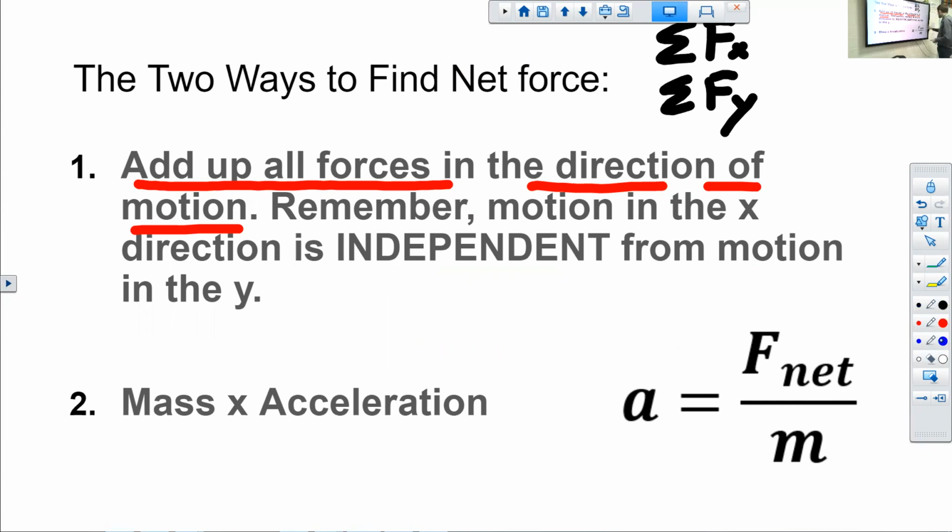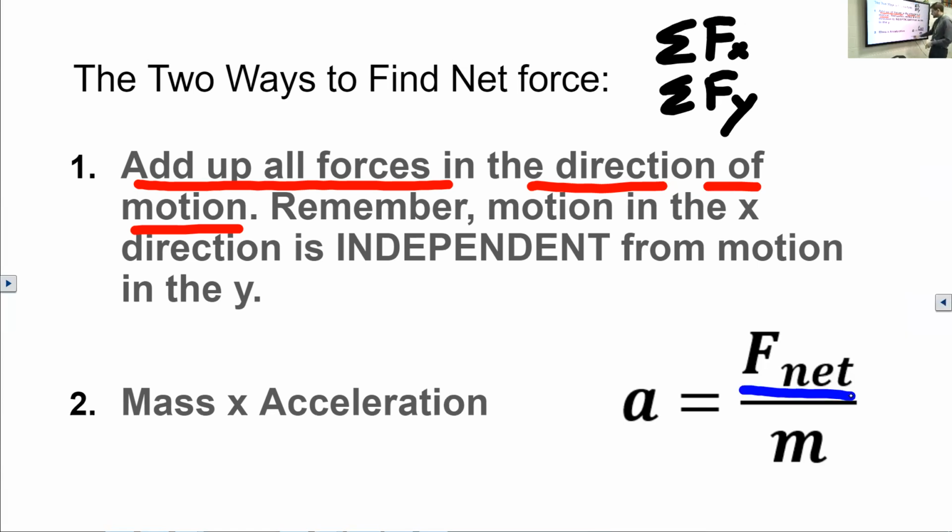Now, if they do not give you enough information to either calculate the forces or to algebraically solve for the forces, then the only other way to get net force is to have the total mass of the system and multiply it by the acceleration of the system. Okay, so those are the two ways. You're either looking to add up the actual forces, or you're using m times a to get the net force.